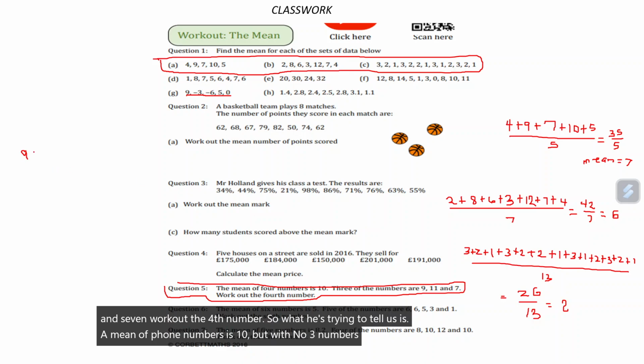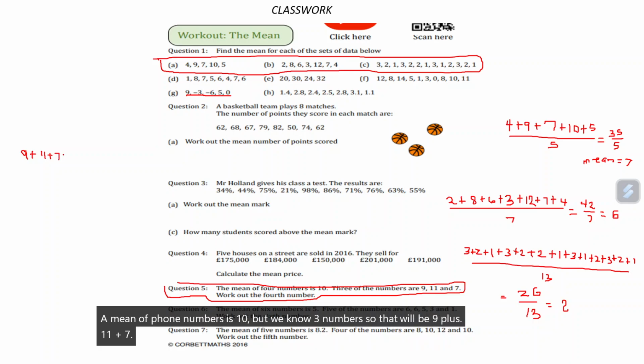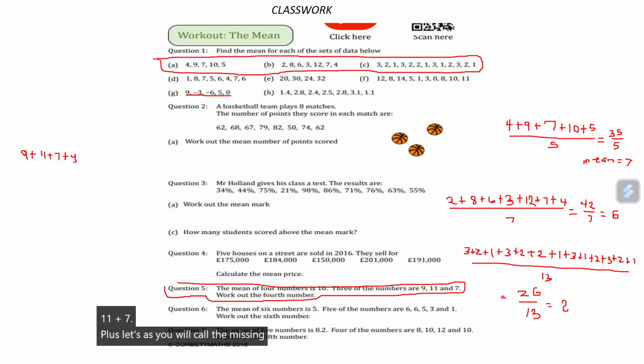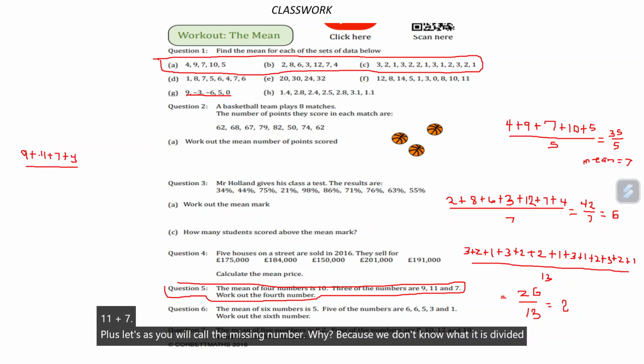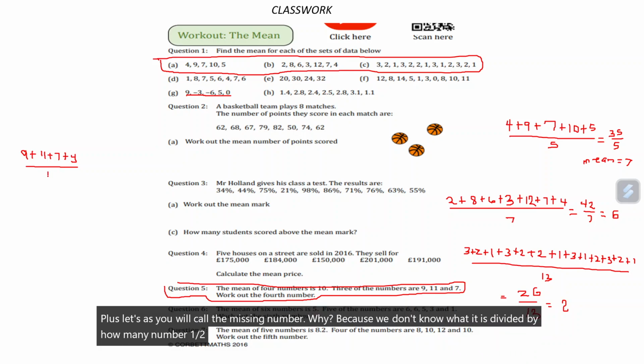So that will be 9 plus 11 plus 7 plus, let's assume we call the missing number y because we don't know what it is, divided by how many numbers? 1, 2, 3, 4. 4.